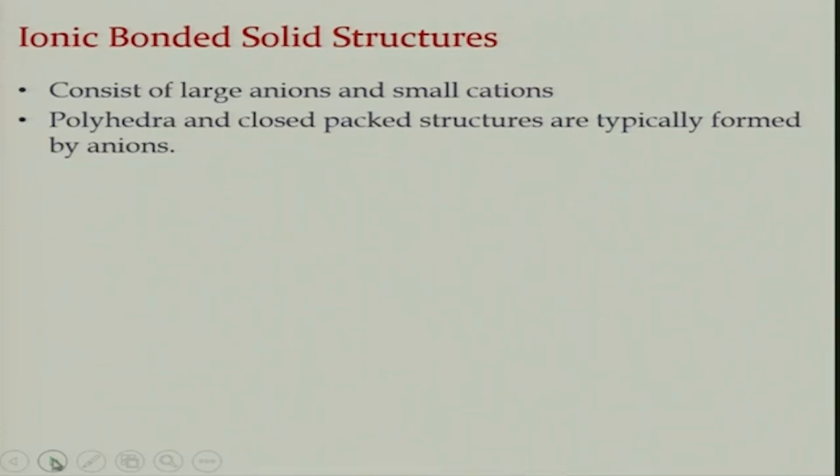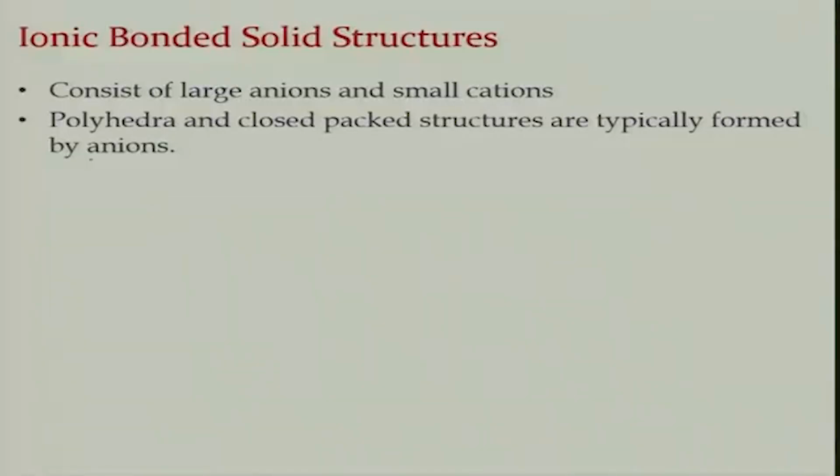Large ions are anions and small ions are cations. Since anions are large, intuitively, for a structure to be stable, anions cannot touch each other and cations cannot touch each other, they have to be separated from each other, but anions and cations should be as close as possible.